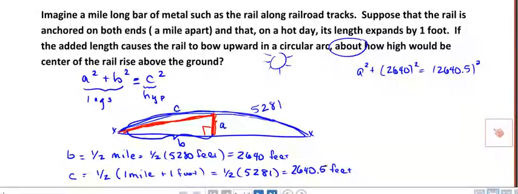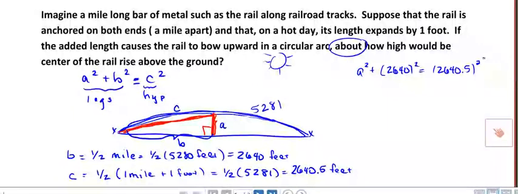All I need to do is put B and C in the Pythagorean theorem and solve for A, which is the height. So I'll have A squared plus B squared, and remember B was half of that base, 2,640, I have to square it, equal to C squared, 2,640.5 squared.